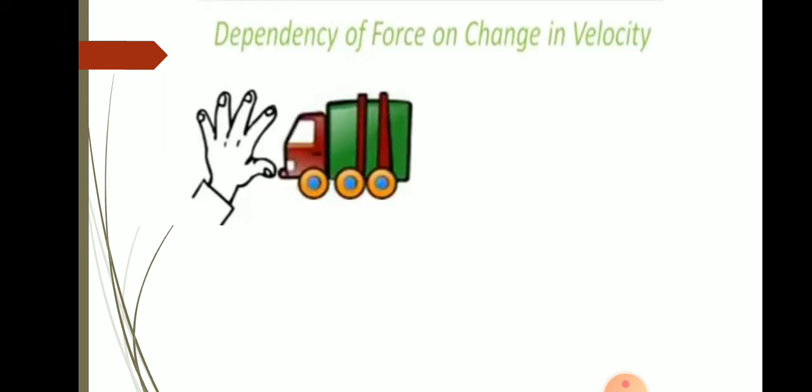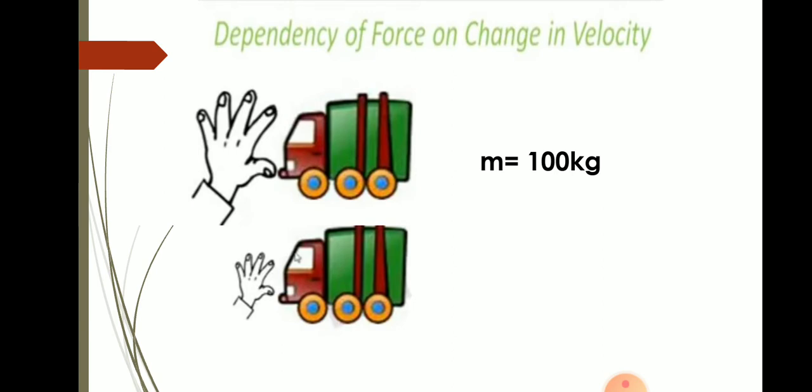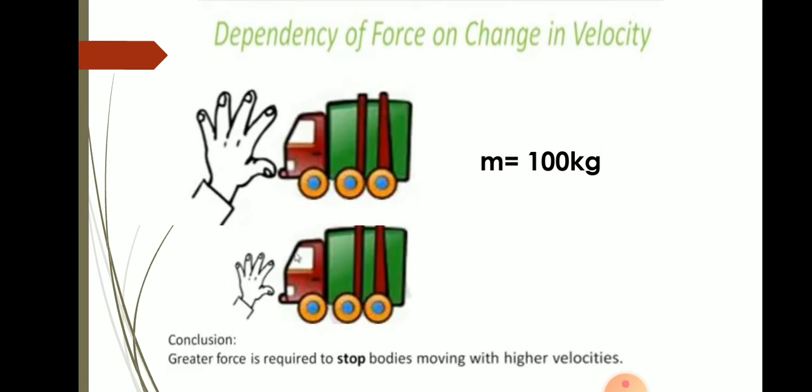Now, the dependence of force on change in velocity. Force depends on change in velocity. Consider the truck here, which has a mass of 100 kg, moving with a constant velocity. The velocity of the first truck is more compared to the second truck.